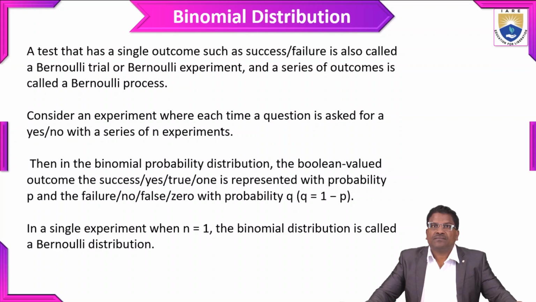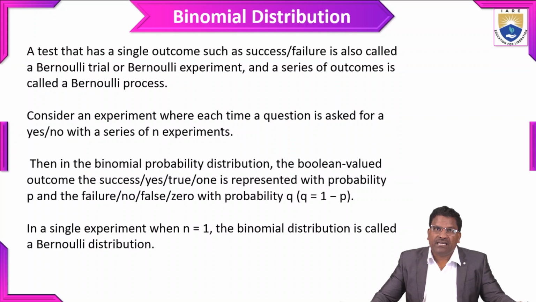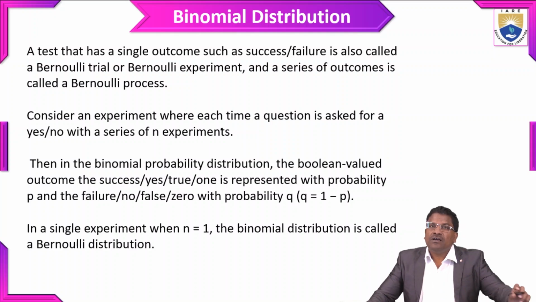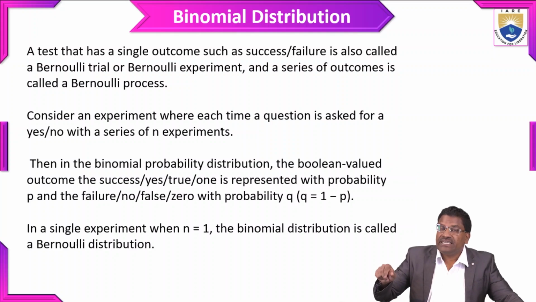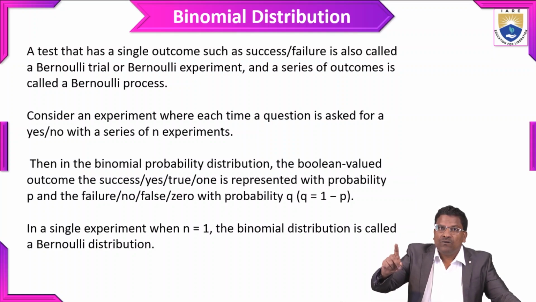A test that has a single outcome, such as success or failure, is also called a Bernoulli trial or Bernoulli experiment, and a series of outcomes is called a Bernoulli process. What we have to recognize here is that in a Bernoulli trial, only one thing will be there: it is either yes or no, success or failure.